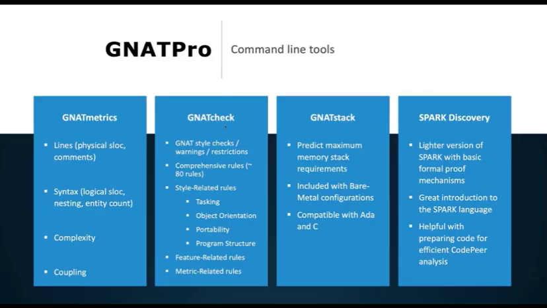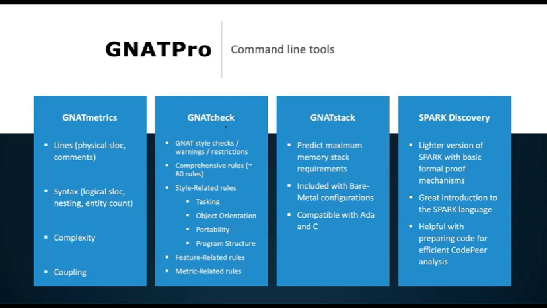Some more interesting tools that you have available with the GNAT Pro tool suite. So far we've only really discussed the compiler and what benefits there are from the compiler side. But from the external tools, you have a lot more support here. Let's say you want to understand a bit more about how many lines of code you have, or comment percentages, or you want to know something like cyclomatic complexity, which is very interesting to know because that tells you how hard it is to test something.